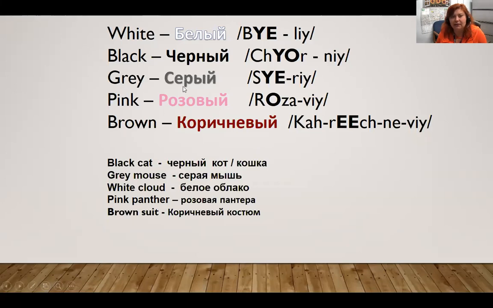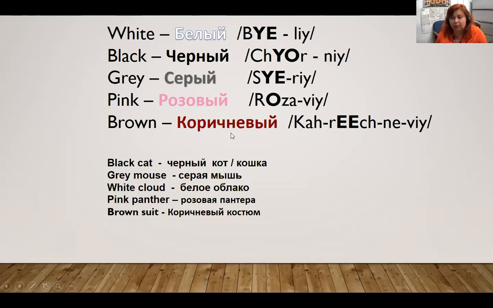Серый, that means gray. Розовый, pink. In Russian, it comes from the word rose, the flower. Apparently, the first rose that they knew was pink, so it's розовый, color of the rose. And brown, коричневый.